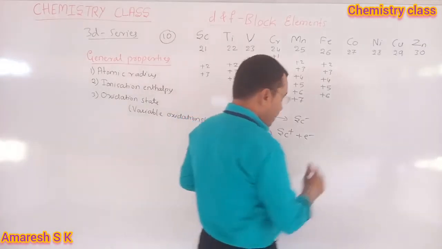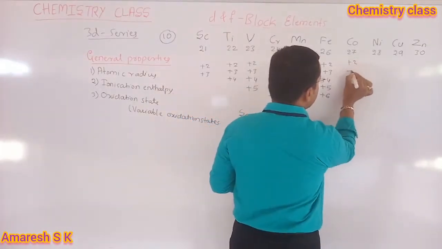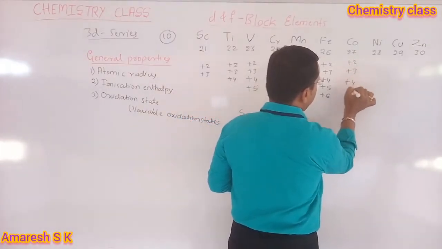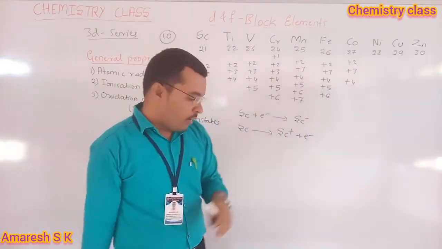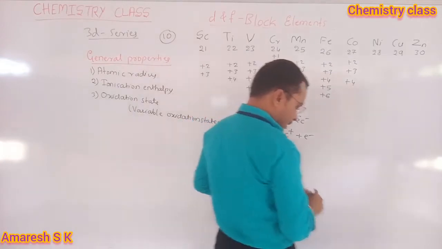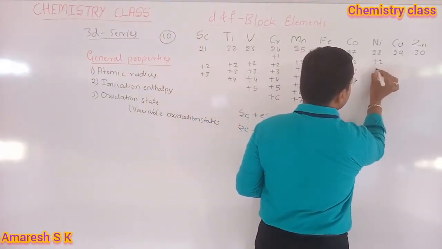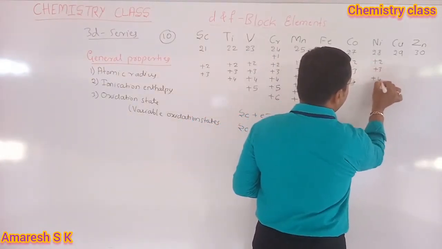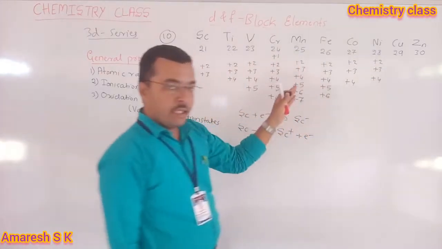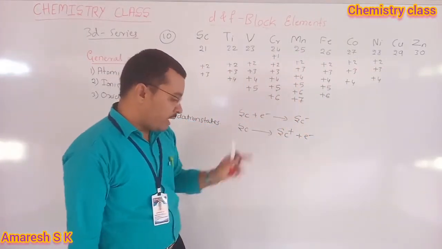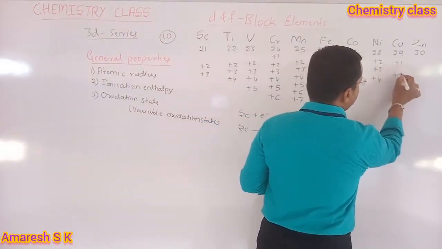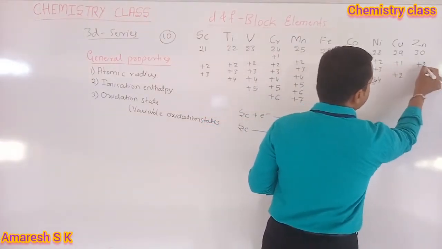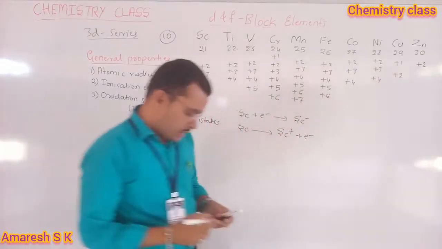And next, copper will show +2, +3 and +4, variable oxidation states. Next, nickel also will show +2, +3 and +4. And next, copper will show +1 and +2, but mainly the +2 oxidation state.